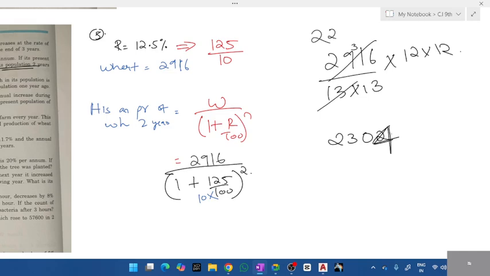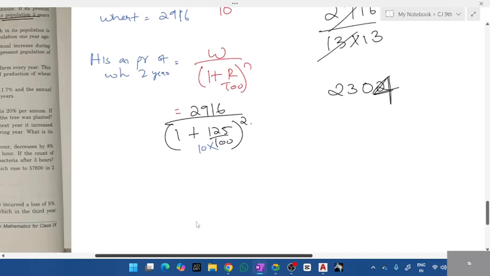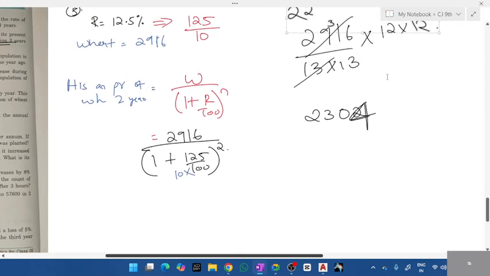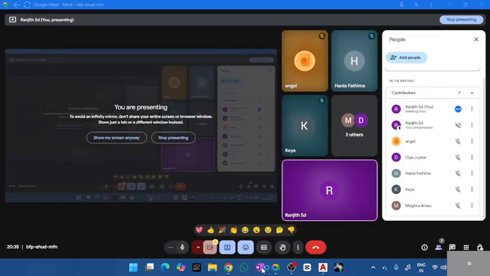Actually, we get it in decimals, right? Oh, this itself is wrong, students. What's the answer? Wait, let me check. 2916 into. How come? What's the answer in textbook? Can you all check the answer? What's the answer given in textbook?